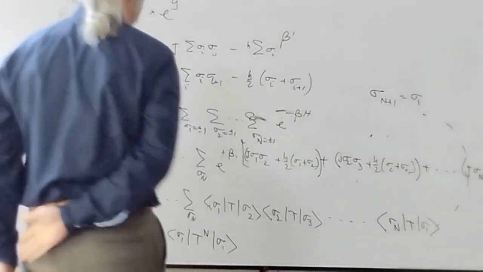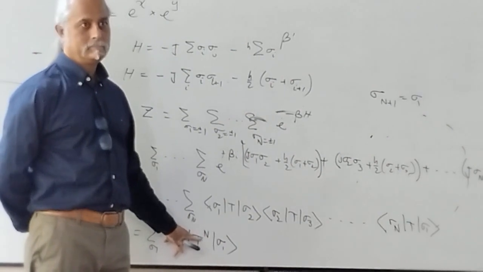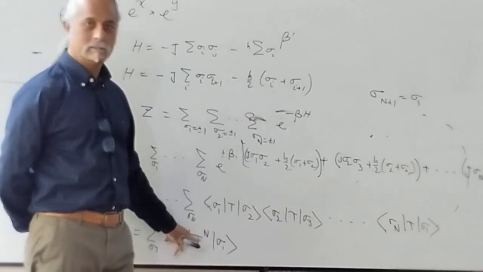The T is known as a transform matrix. Why is it a matrix?